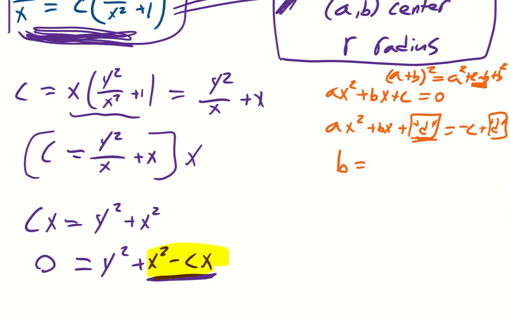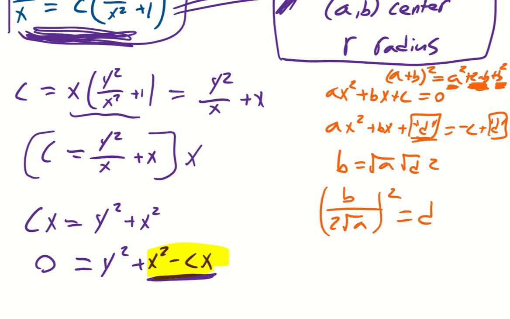This is the same thing as this 2ab, and this a is related to the square root of this thing, and this b here is related to the square root of this b squared thing. So b is equal to the square root of a times the square root of d times 2. So we have b over 2 square root of a, quantity squared, is equal to d. This is the key to completing the square.